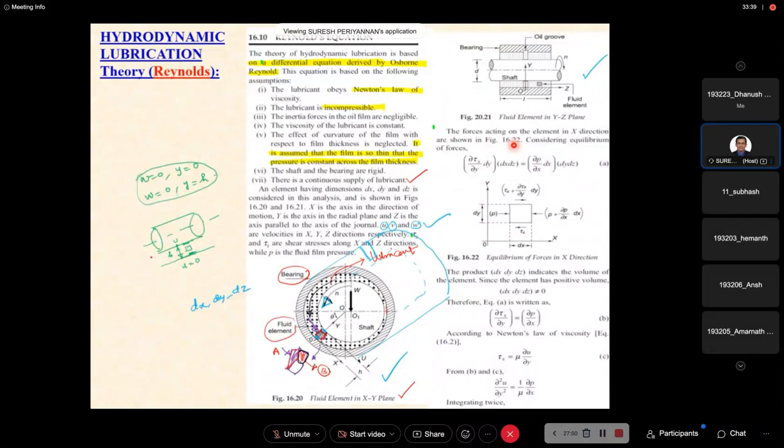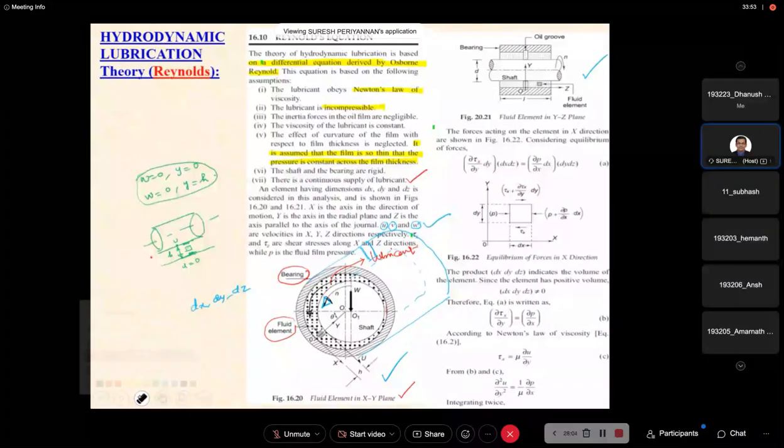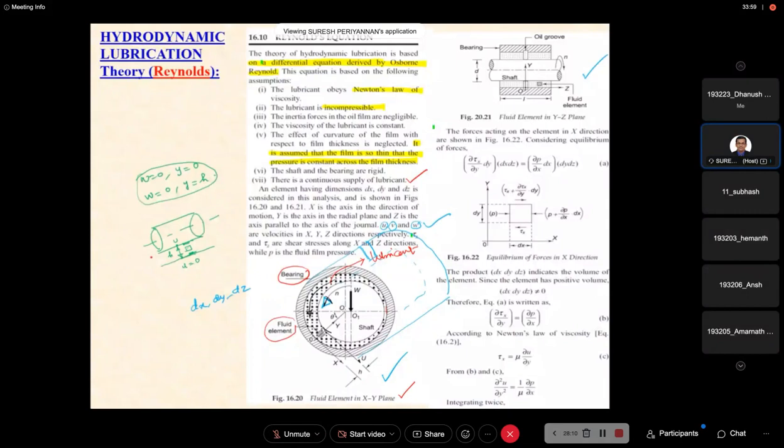A is normal. See here. One minute. Once you have understood this, the remaining derivation is very simple. Now I am talking about this only. This is a journal here, right? This is the top surface of the fluid.